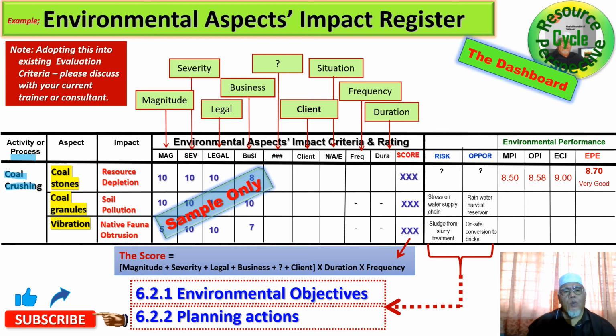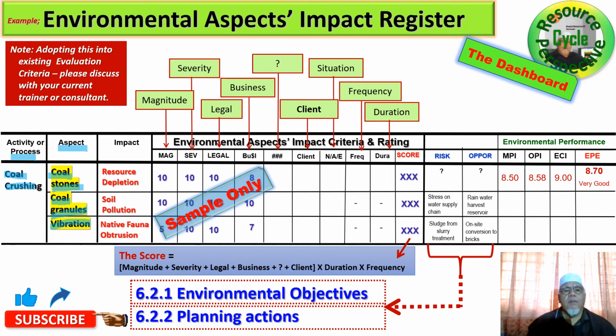Okay, and what are the environmental aspects? I was only able to select 3 because of space, but in reality I suggest that you do this format in Excel. It's good, and you can have it in front of you all the time. And the coal granules are here, and vibration is here as well. I'll just pick a few, 3 of them, that's all.